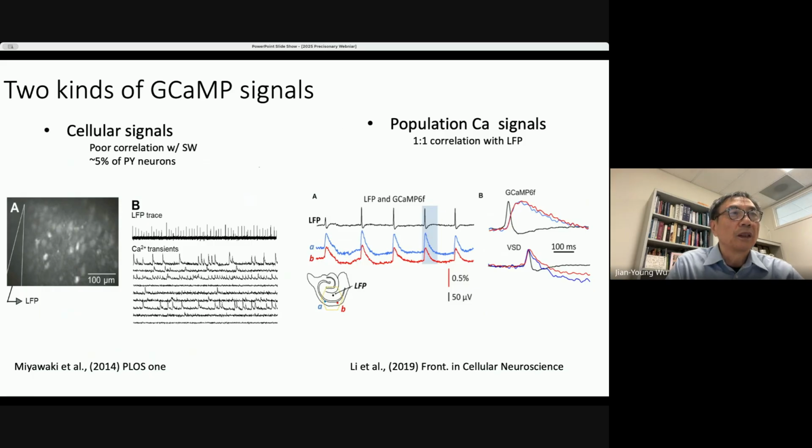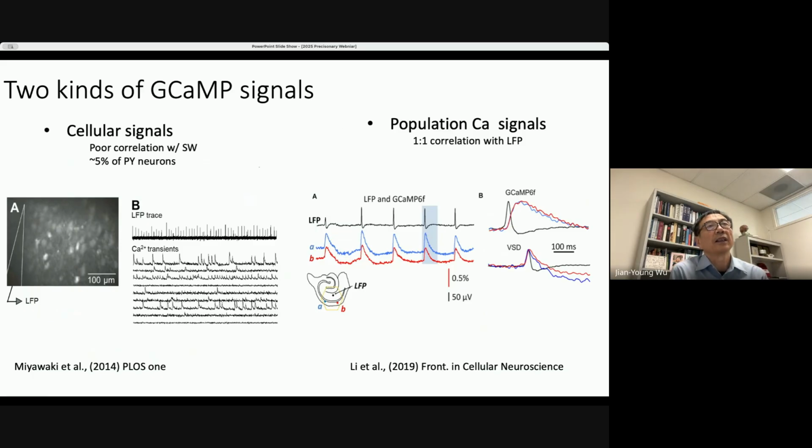For calcium imaging, there are two kinds of GCaMP signals. One of them is the cellular signals. You can put a slice under a two-photon microscope and see the cells blinking. However, when those slices have sharp waves, the blinking doesn't have a good correlation with the hippocampal field potential sharp waves.